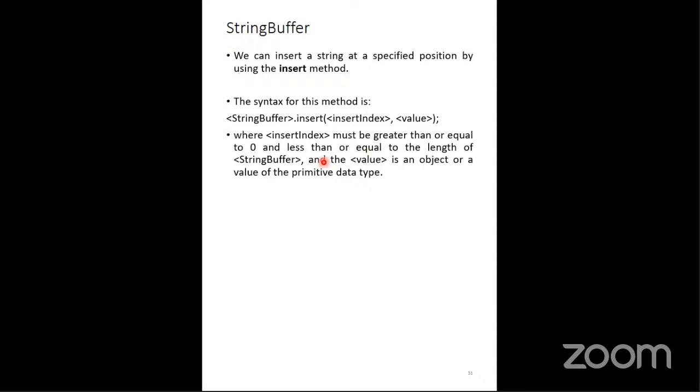All right, fine. So for example, StringBuffer str is equal to new StringBuffer, Java is great. I'm creating one string str, which is basically a string buffer object. So it is a modifiable string, and the content of this string is Java is great.